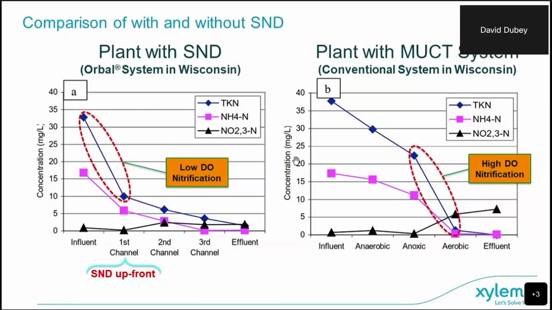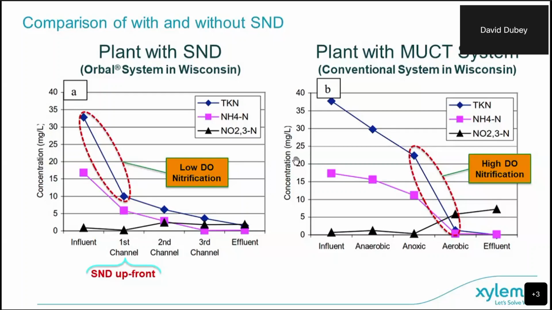By the time we get to the end, our total is less than 5 if we add these 3 up in our effluent. So we're getting S&D in this first channel. Even if something goes wrong with the aerators in the second or third channels, we're still well below limits on this first channel. So we have a buffer built in by doing S&D at the beginning with our total nitrogen.